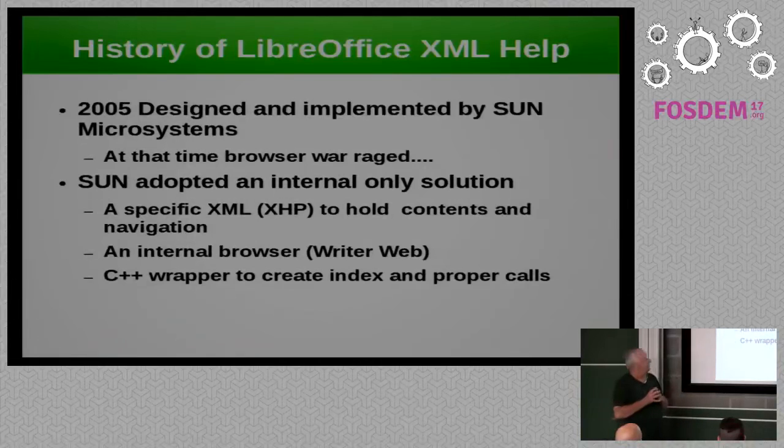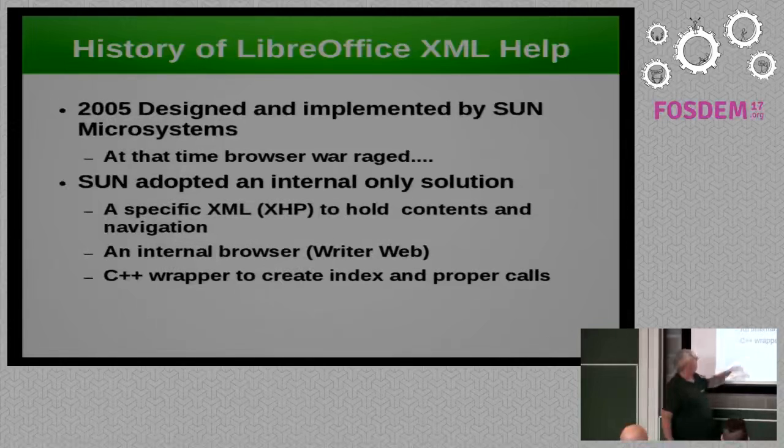No browser manufacturer was comfortable in adopting standards. So at that time, Sun Microsystems adopted an internal-only solution, which is a specific XML to hold the contents and the navigation of the help system.